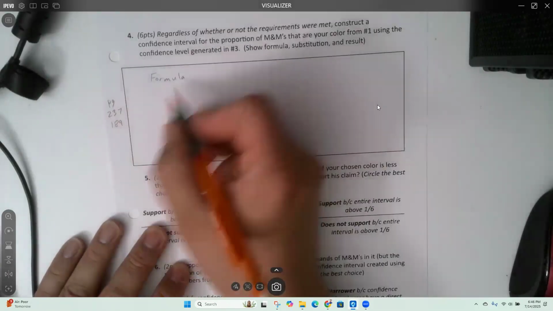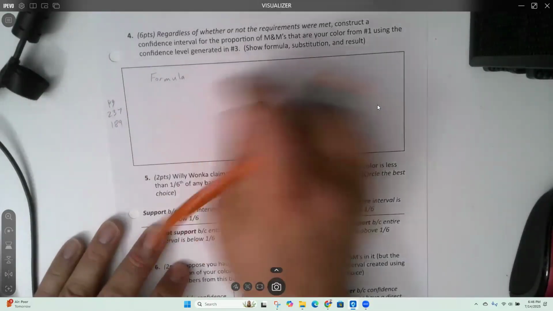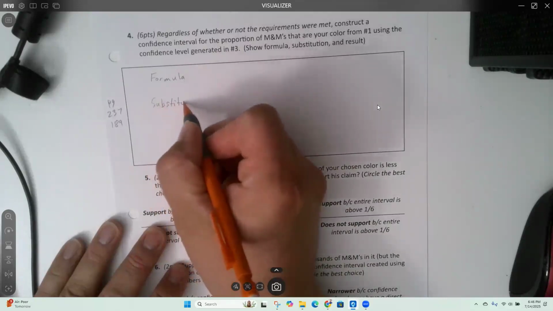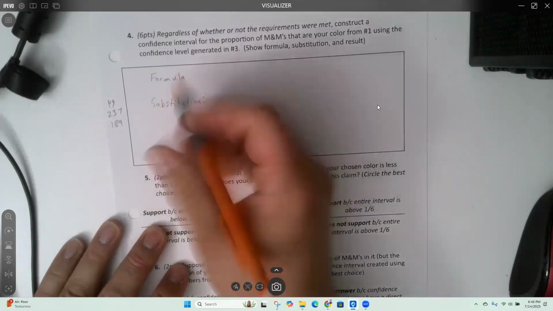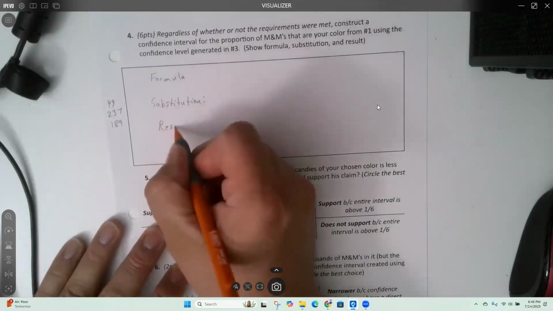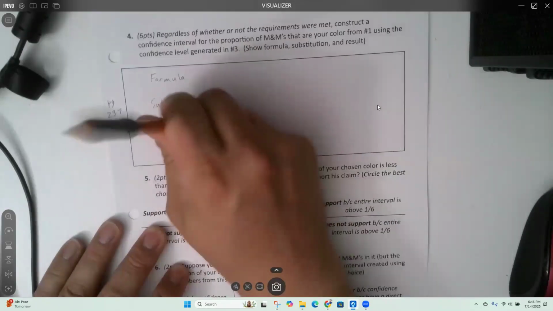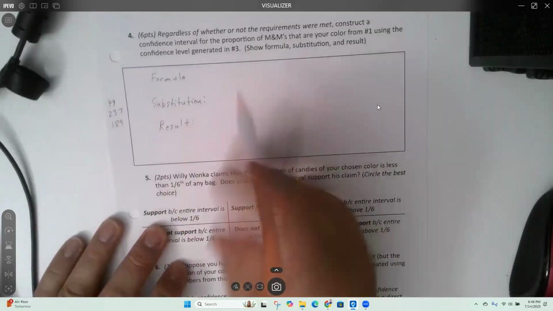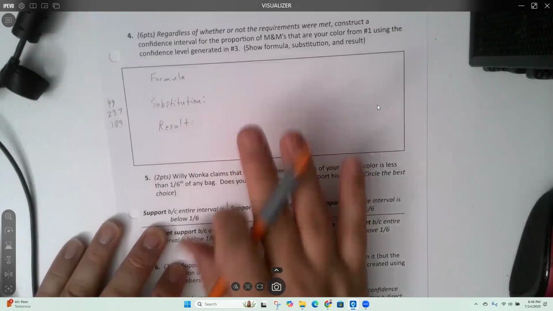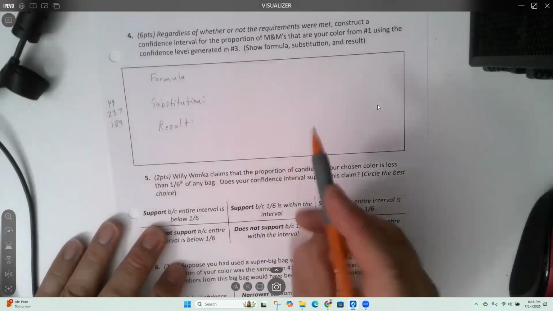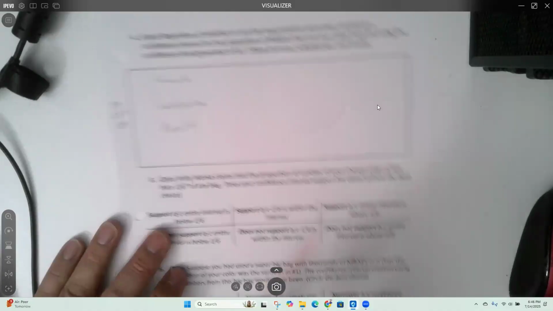You'll write out the formula with the letters, and then you'll substitute in your numbers, and then you'll do the math, which gives you a result. Your result is going to be two numbers, a low end and a high end for your confidence interval.